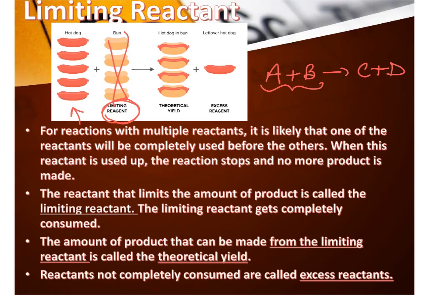So the limiting reactant is basically the weak link. It's going to determine how much product you make. The amount of product that the limiting reactant is capable of making, if fully converted, is called theoretical yield. Okay. So those are two vocabulary words you need to be real comfortable with, okay?